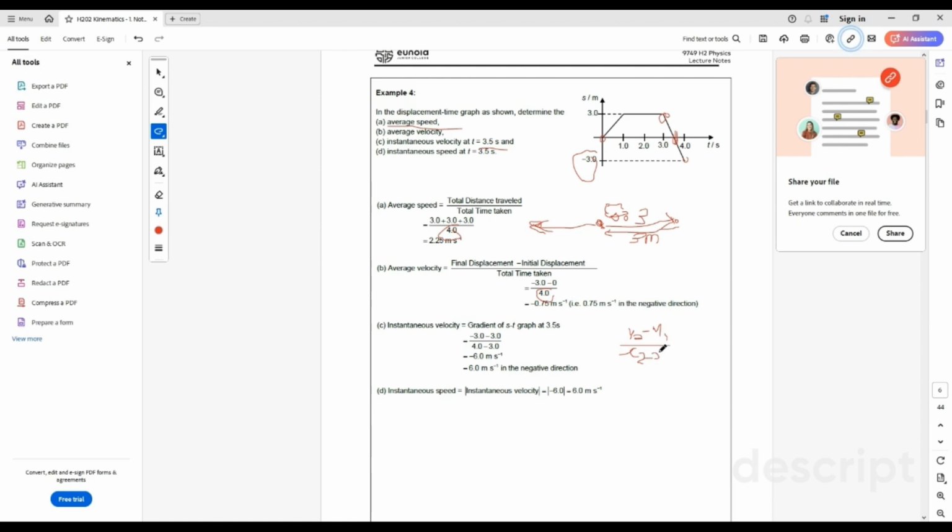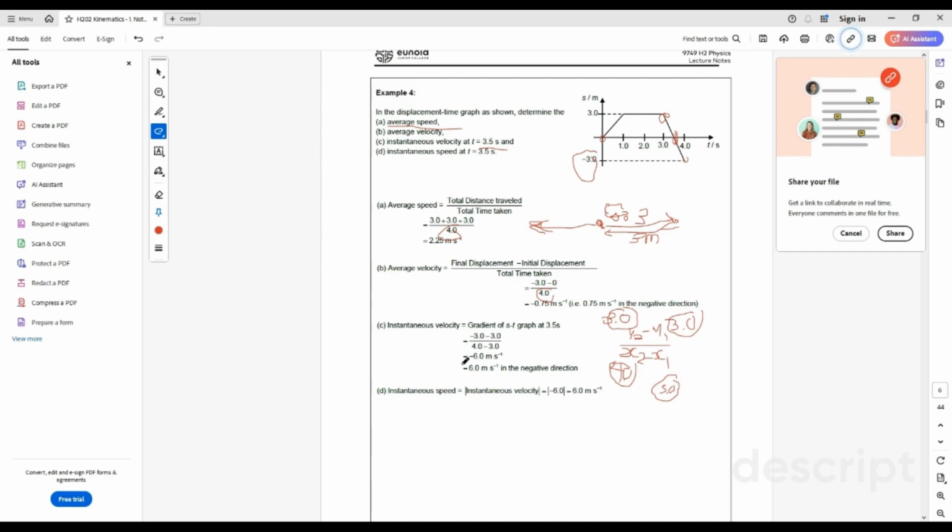So we know y2 to be negative 3.0, y1 to be 3.0, x2 to be 4.0, and then x1 to be 3.0. So we just substitute these values in order to get the gradient of negative 6.0 meters per second in the negative direction.